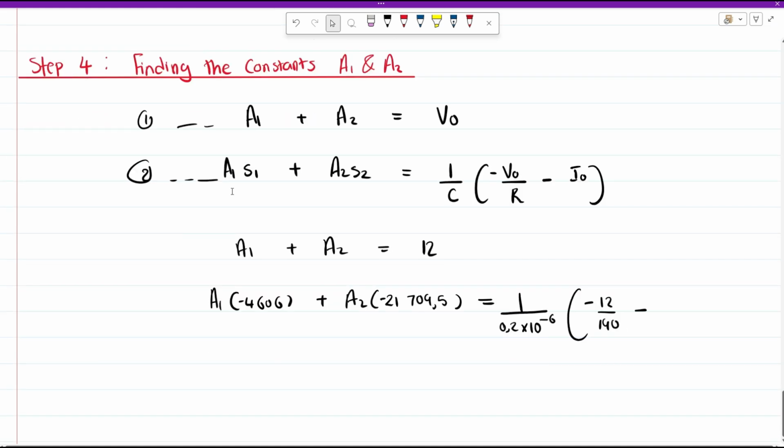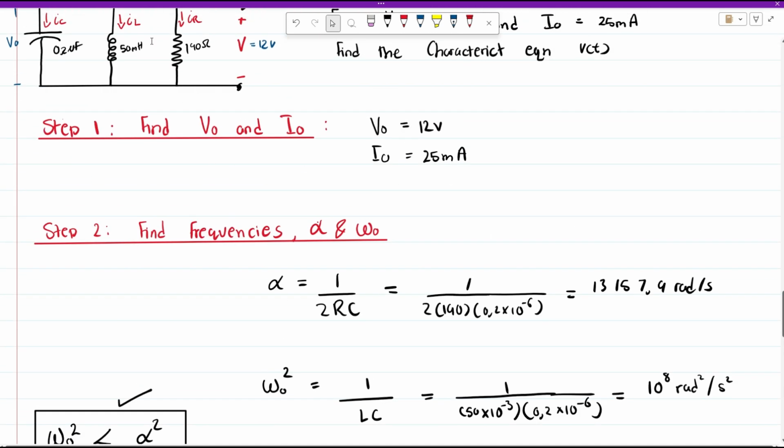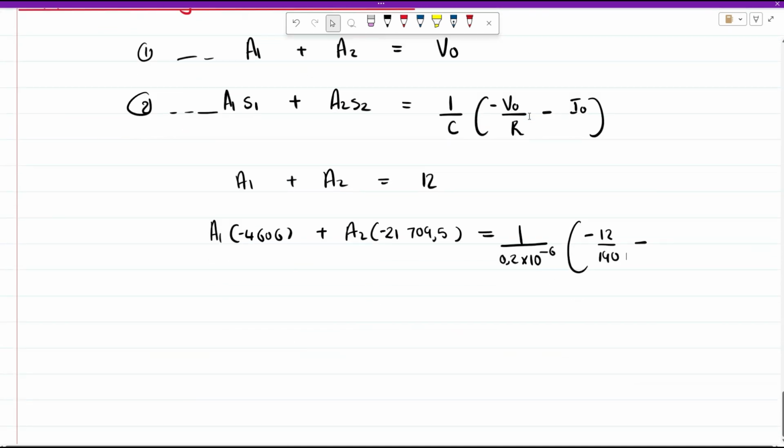Let's check that quickly. Oh, right there, 25 milliamperes. So we're going to minus 25 multiplied by 10 to the power of negative 3. We can put this into the calculator just to simplify the second equation.